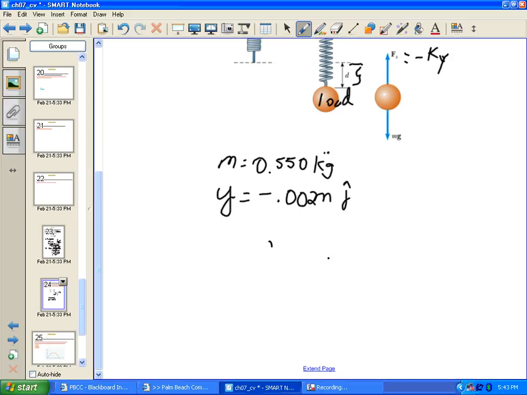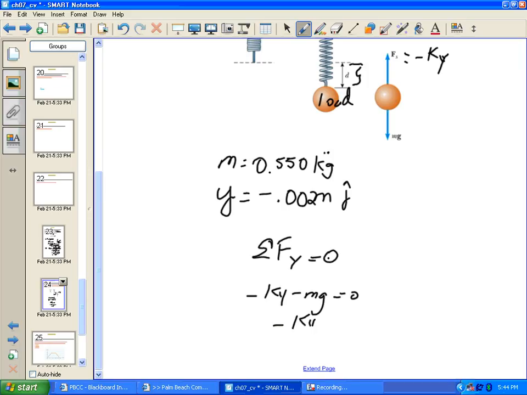Okay, and so using Newton's second law, chapter 5 comes back to haunt us. The net force in the y direction equals 0 once the equilibrium is reached. So we've got minus ky upward, minus mg downward.